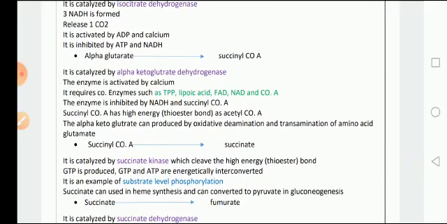Alpha ketoglutarate is converted to succinyl-CoA by oxidative decarboxylation, means removal of hydrogen and removal of carbon. Again, we have here carbon dioxide and NADH as our products. Instead, the enzyme is inhibited by NADH and succinyl-CoA.